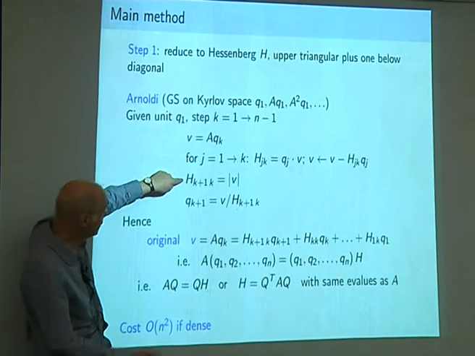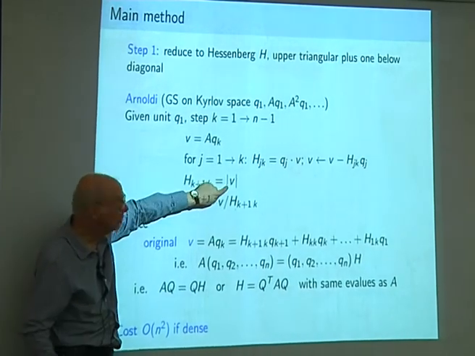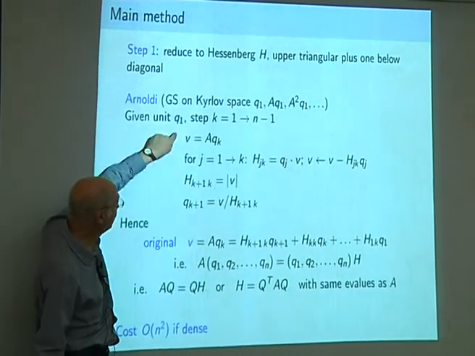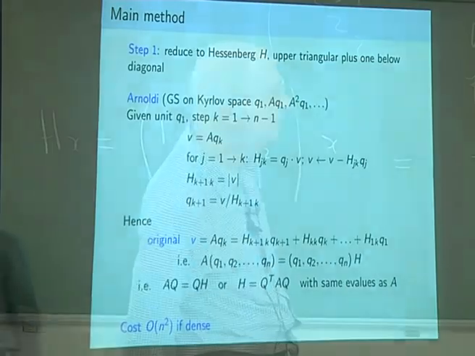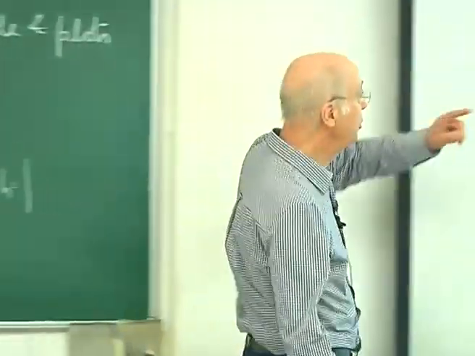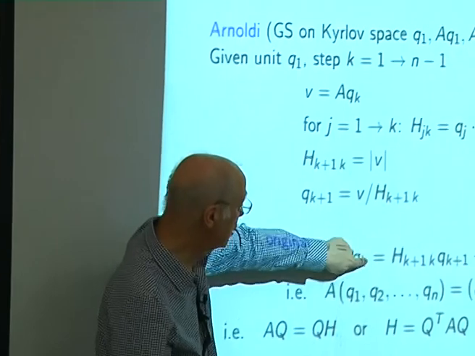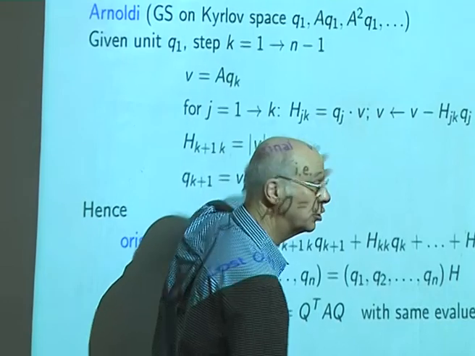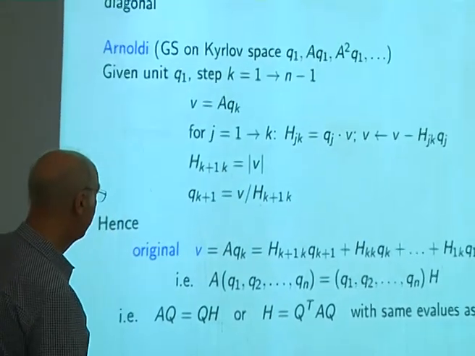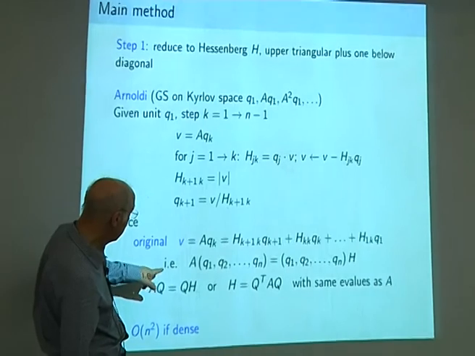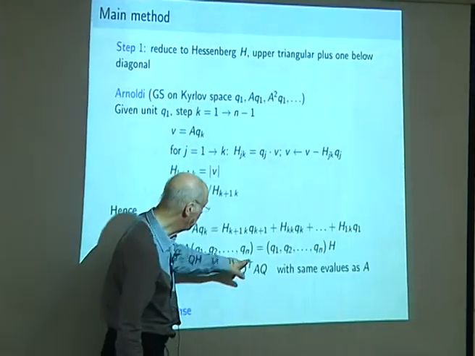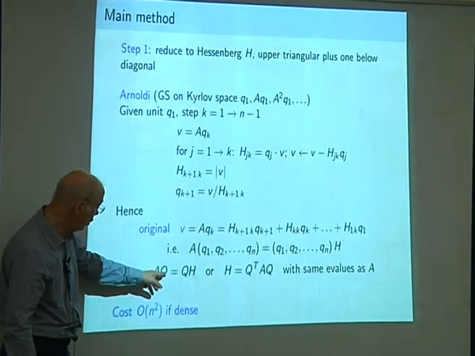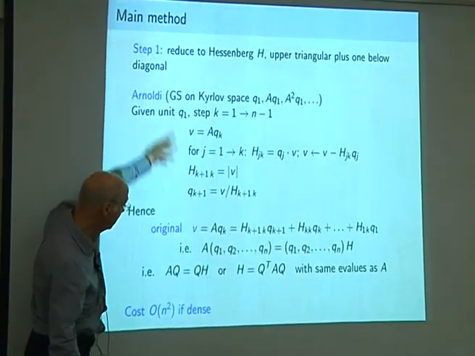You then define the first term under the diagonal as being the size of this vector, and the next Q as being this V normalized. So the original V is essentially this sum of projections we've just worked out, and therefore you can see that this V is essentially A times a sequence of Q's. In other words, AQ is equal to QH using these Q's.